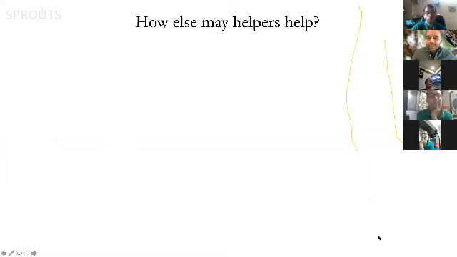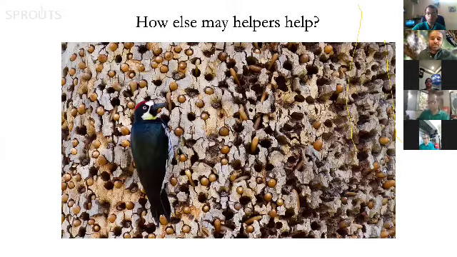So the next question was, how do helpers help, right? If they're not helping raise their own siblings, then how are they helping the group in any way? Another cool thing that acorn woodpeckers do is they build these huge acorn granaries. Acorn granaries are structures that they build in the bark or dead wood, where they store individual acorns in the winter as a larder.